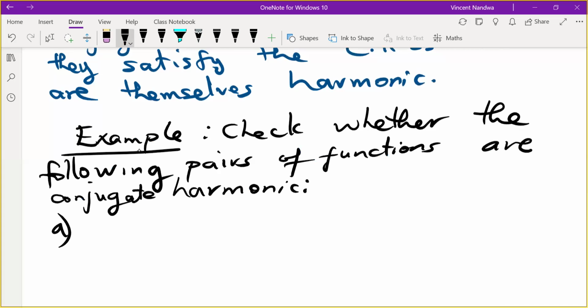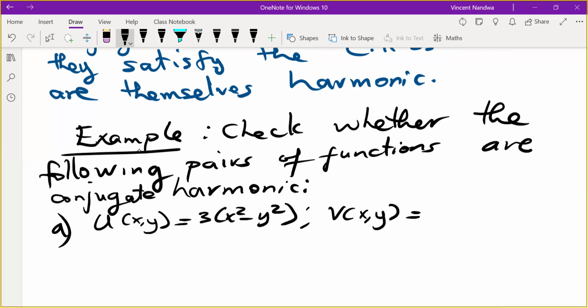The first one is u of xy given by 3 into x squared minus y squared, and v is a function 3x squared y minus y cubed.